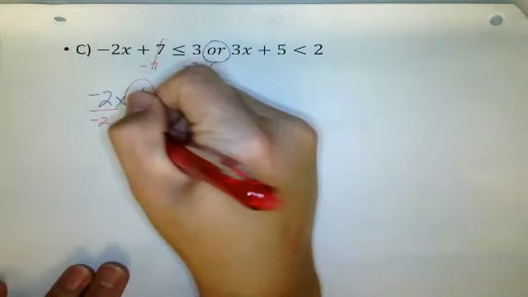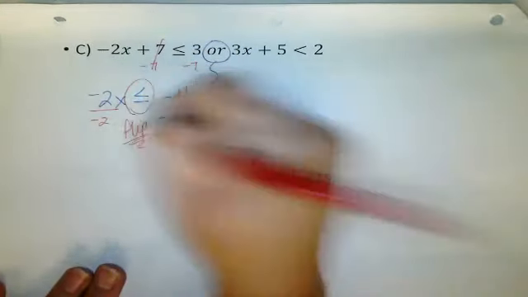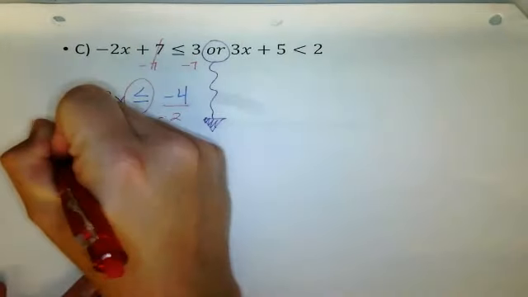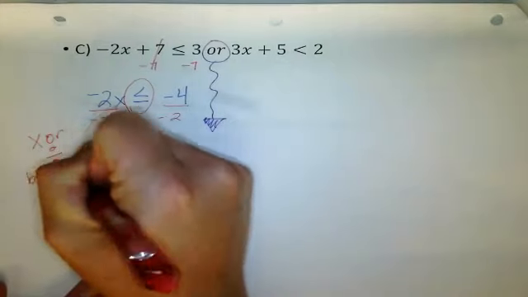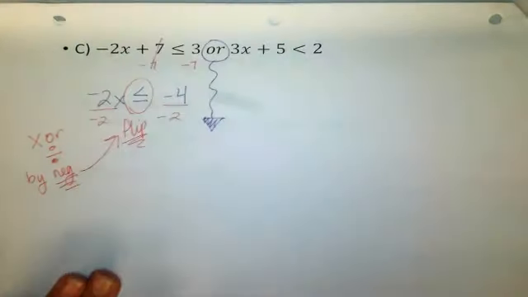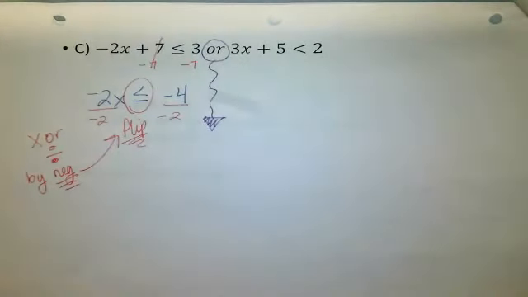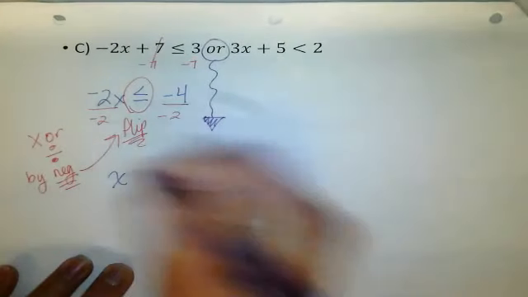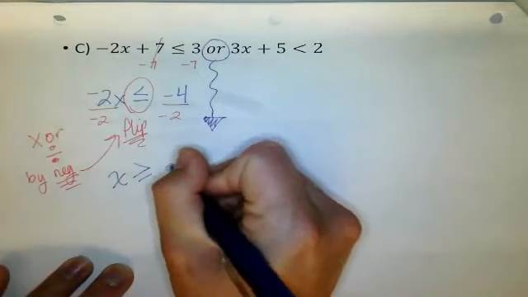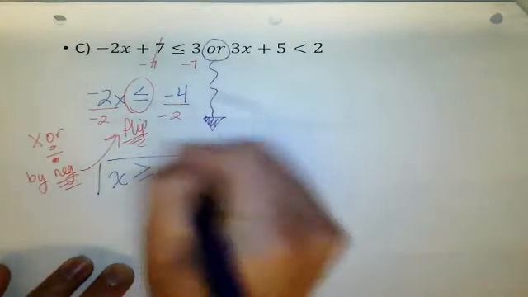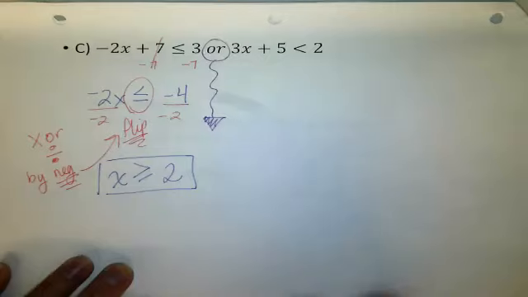Flip the inequality symbol. Whenever you multiply or divide by a negative, you must flip that inequality symbol. Very important to do that because we're saying it's the opposite, so we need to do the opposite of everything. That's going to give me x is greater than or equal to +2. So there is the left-hand side solution.